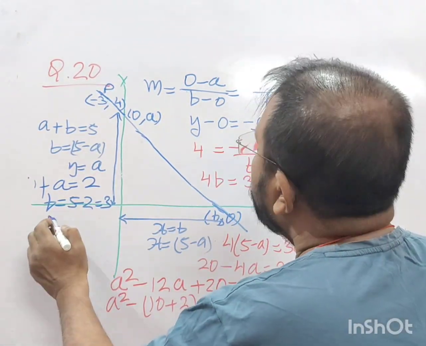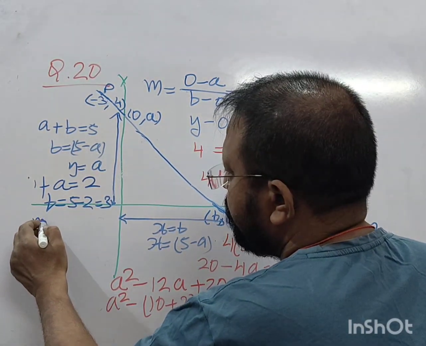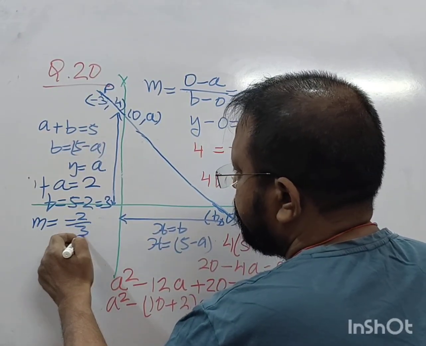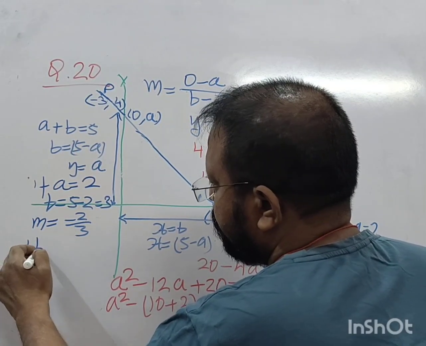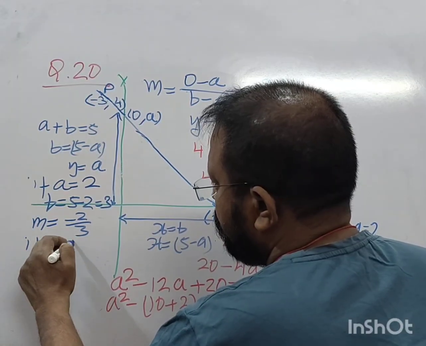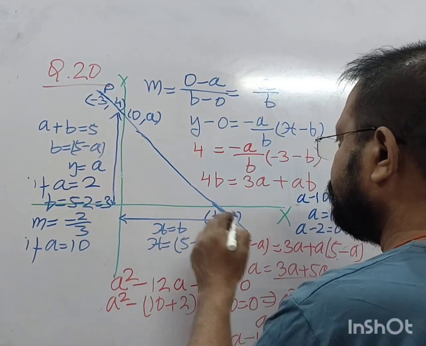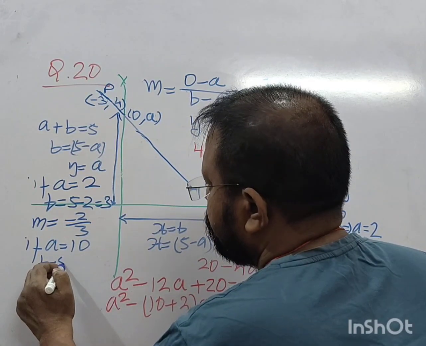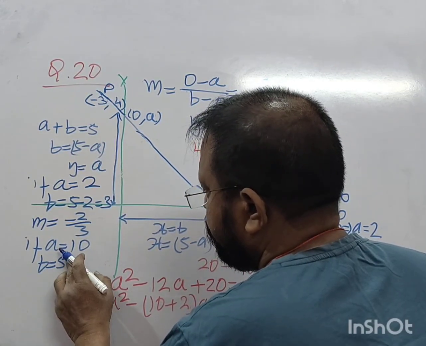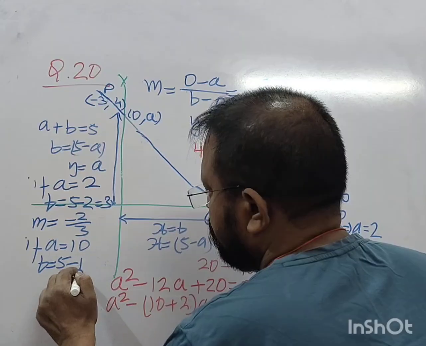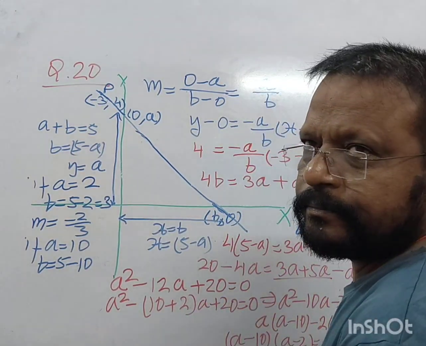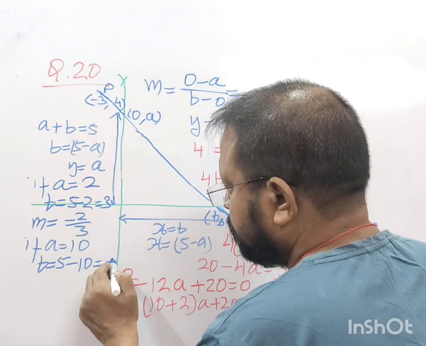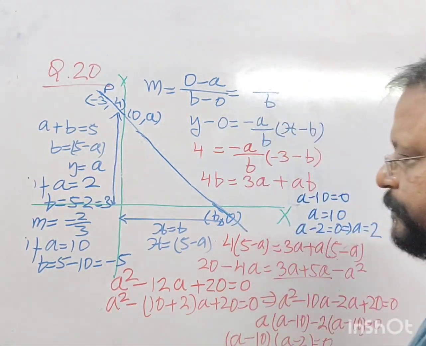So m is equal to minus 2 by 3, and if a is equal to 10, then b is equal to 5 minus 10 becomes minus 5.